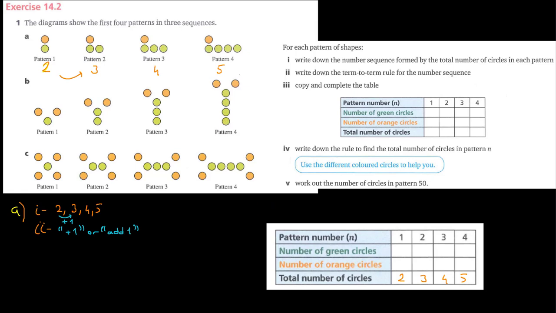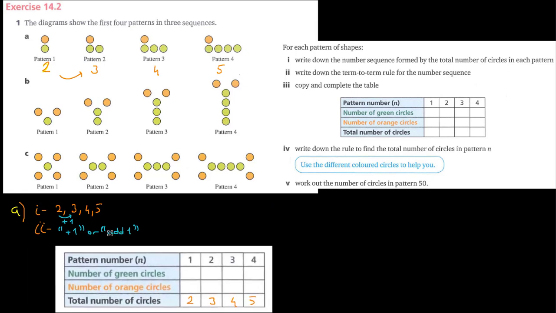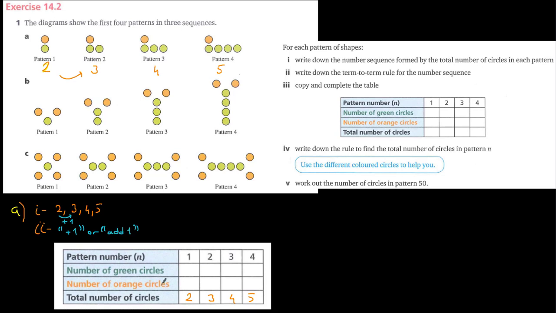Okay, copy and complete the table. Let's say this is the table now. Here I'm going to write 1, 2, 3. As you see, the number of green circles is changing. Here it's 1 circle, 2 circles, 3, 4.